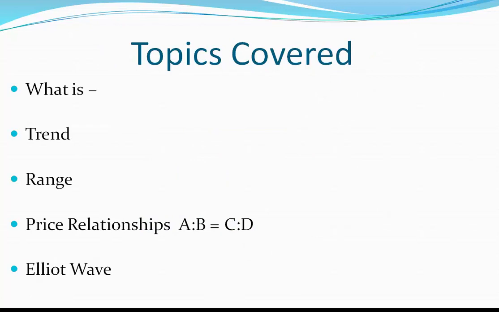All right, we're only going to cover 5 different ideas today, 4 different ideas. We're going to cover trend, we're going to cover range, we're going to cover price relationships, what we call an A to B, C to D relationship, and then we're going to cover basic beginning of Elliott wave. In the future, we're going to expand on Elliott wave.